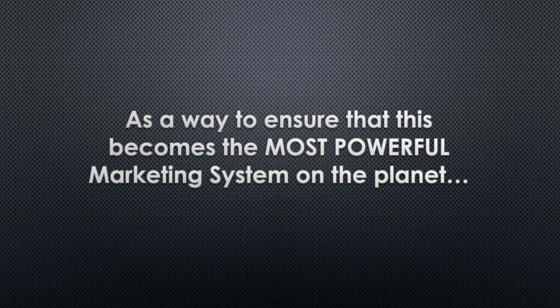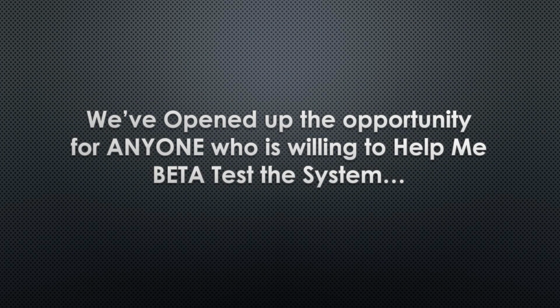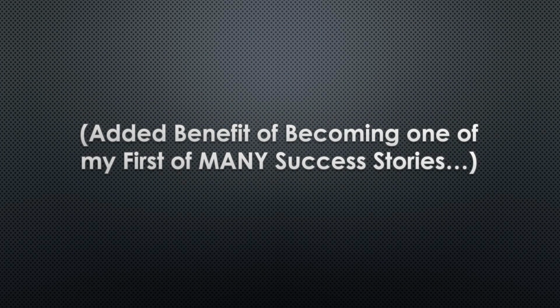So here's how it's all going to go down, right? We are currently, right now, if you're watching this video, in the beta launch testing phase of the new completely redesigned 5-minute mogul system. And as a way of ensuring that this becomes the most powerful marketing system on the planet, we need your help.